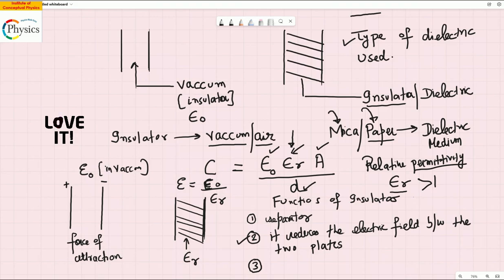And the third use of an insulator or a dielectric, one and the same thing, don't get confused, dielectric means insulator only, is to prevent dielectric breakdown. I will tell you what dielectric breakdown is.